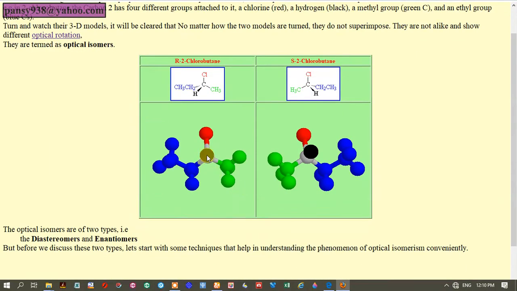So both these 2-chlorobutane, either R or S, are non-superimposable.